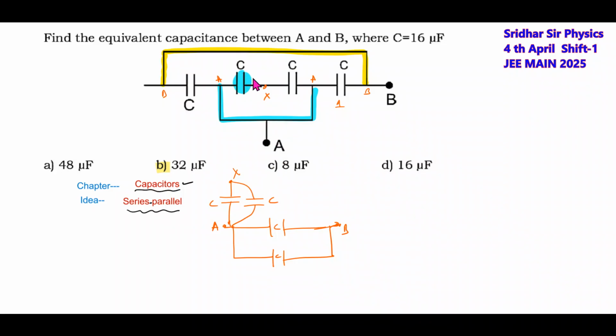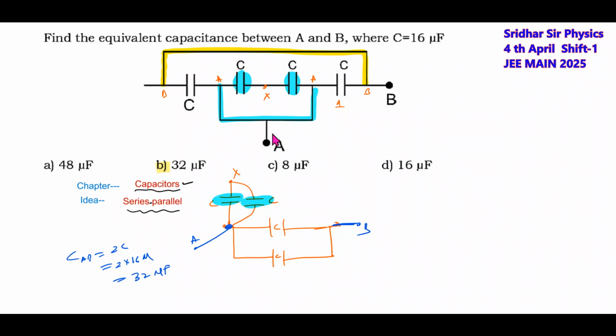If you look at these two capacitors, now what is the question asked? He is asking about only between points A and B, so only these two capacitors will add up. They are in parallel. The effective capacitance C_AB equals 2C, 2 into 16, 32 microfarad.